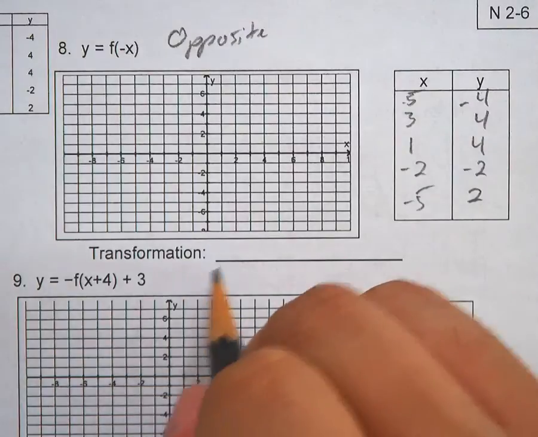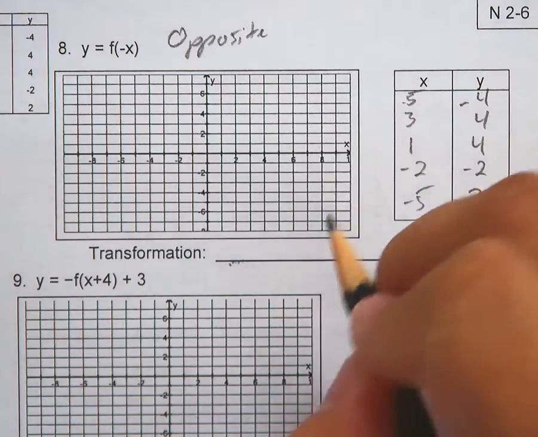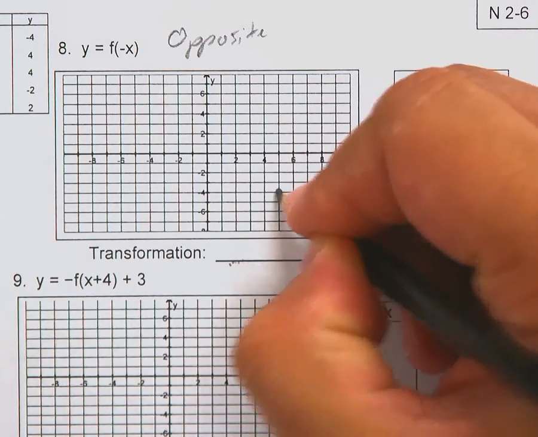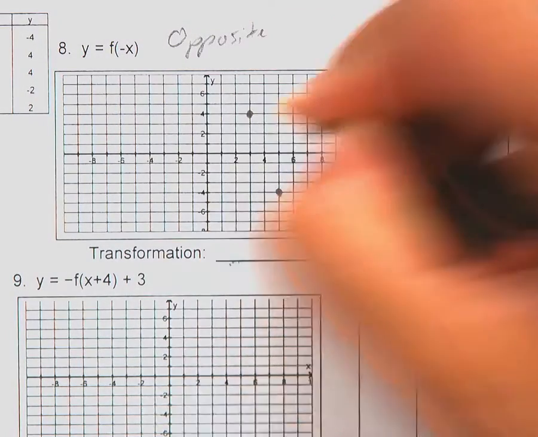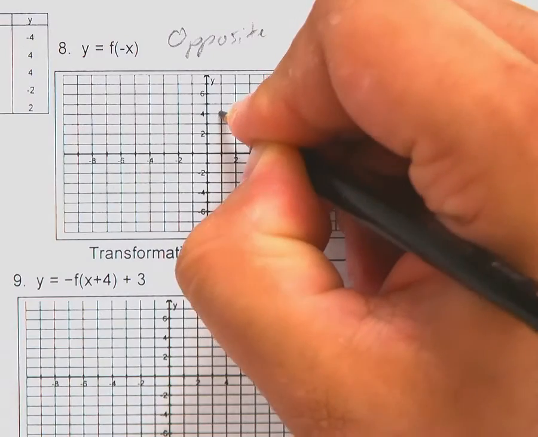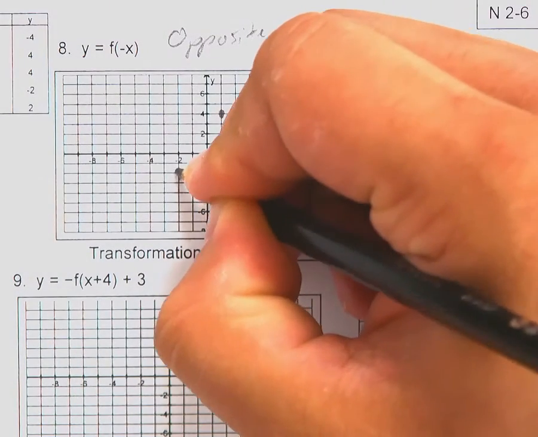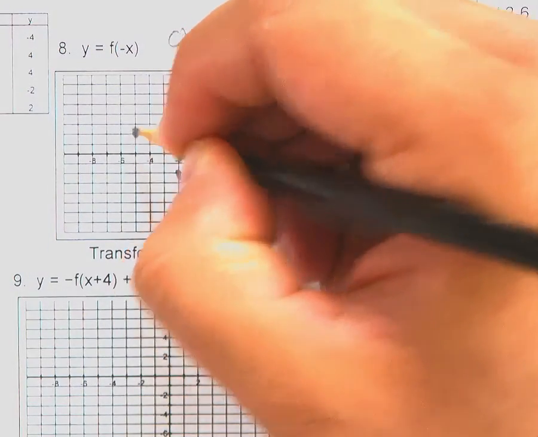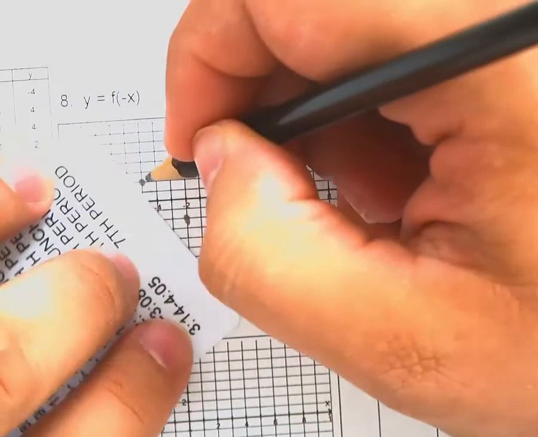I bet you can probably guess where we're going with this one on the transformation. Let's plot it. So we have 5, -4, 3, 4, 1, 4, -2, -2, and -5, 2. Connect your dots.